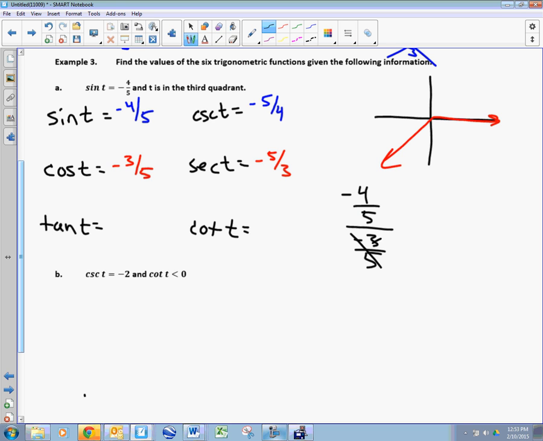I divide those, I multiply by the reciprocal. 5s and the negatives cancel, I get 4/3. If tangent is 4/3, what's cotangent? Done. Is that bad? No. So don't go leaving it blank on the test.